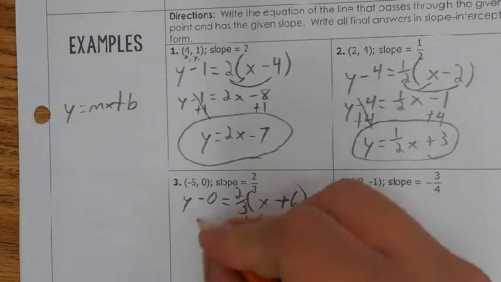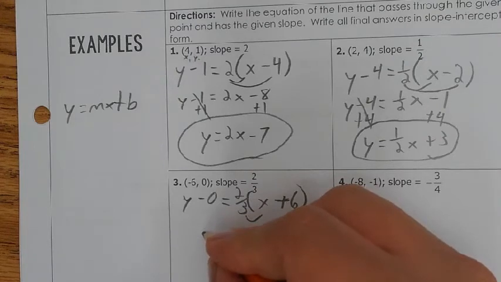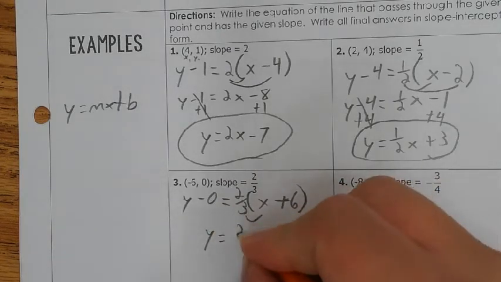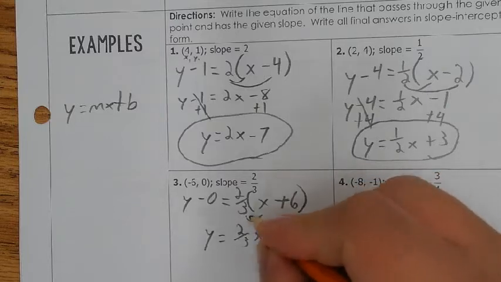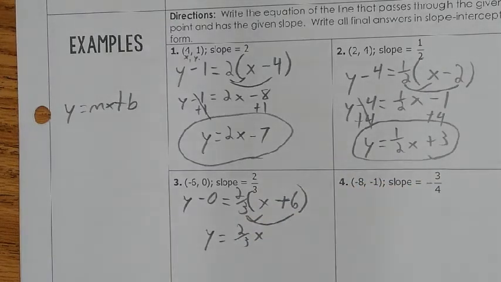So now we distribute. Well, what is y minus 0? Y minus 0 is just y. Y equals 2/3 x, and then 2/3 times 6. That would be 4.